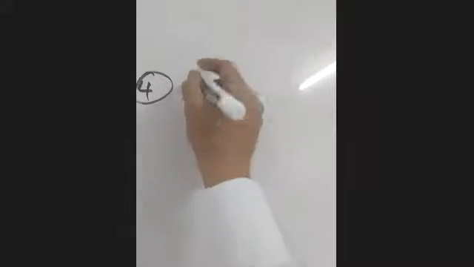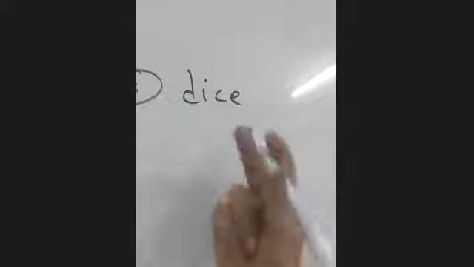Okay, Mr., I will read. A player in a board game rolls a 6-sided number cube labeled 1 through 6 once. Good. Do you know the number cube, the dice? Yes. The dice, guys. What are the numbers on the dice?